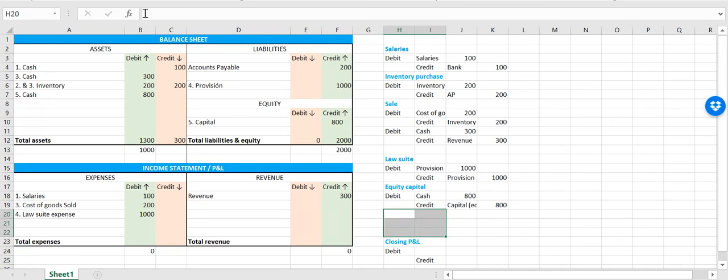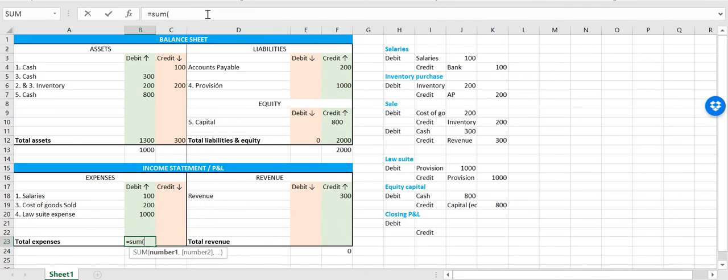Okay, we already have a lawsuit. And finally, at the end of the year, we want assets to be equal to liabilities plus equity. We see that's not the case. We have 1,000 of total assets and 2,000 of total equity plus liabilities. That's because we haven't closed the income statement. Let's see what went wrong here.